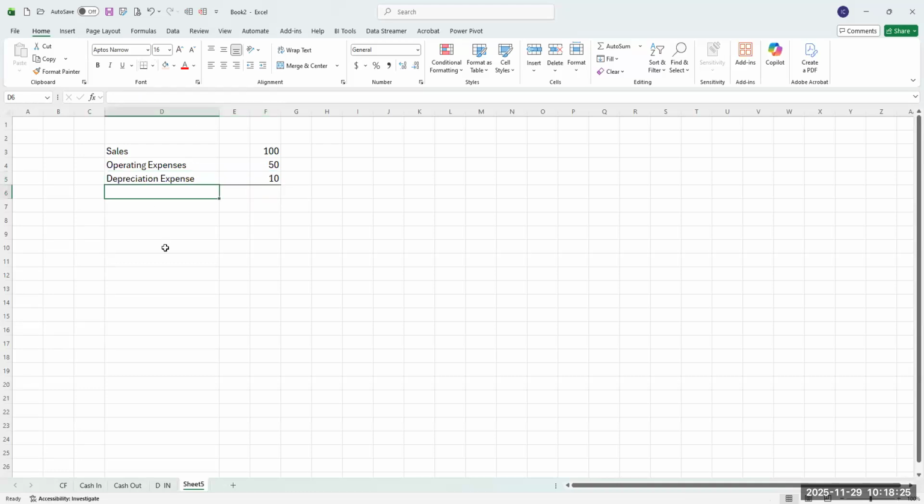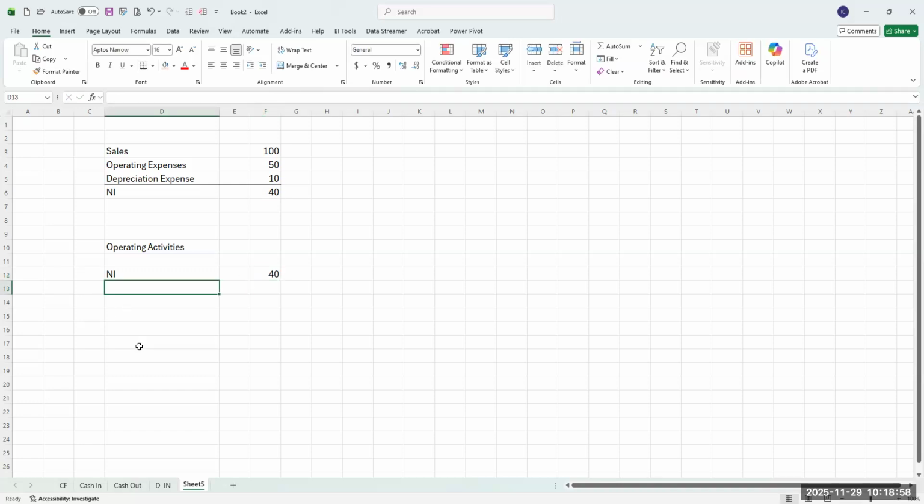And I have net income, correct? My net income is 100 minus 50 minus 10. Now I start preparing my cash flow statement, indirect method, operating activity. My starting point is the net income, and the net income, as per this statement, is $40.